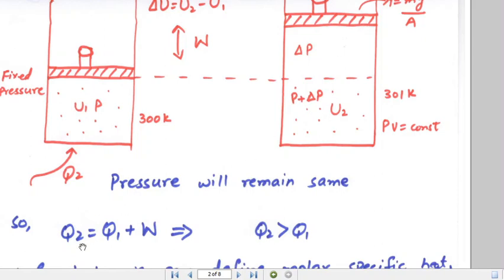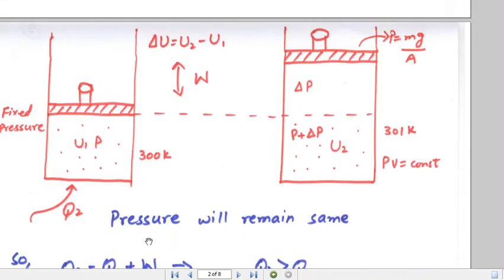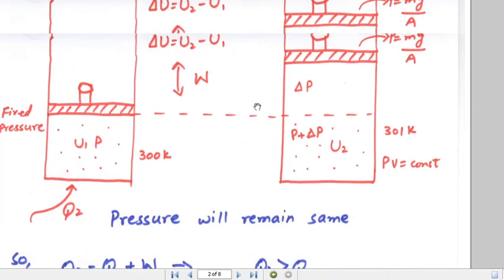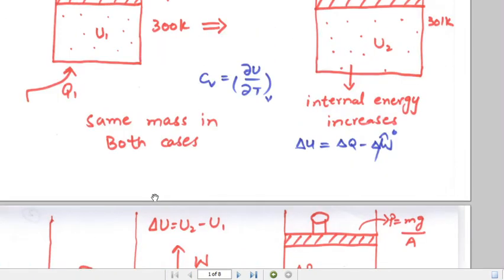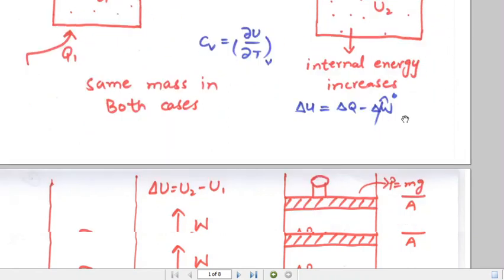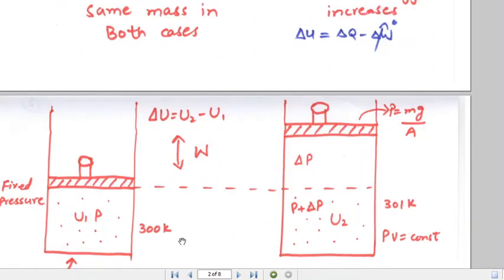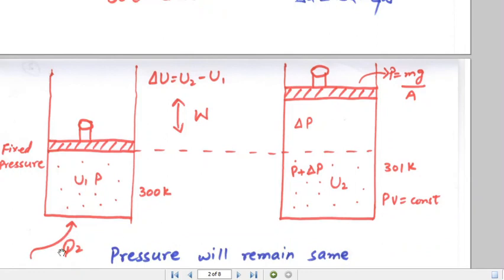So in this case, Q2 must be equal to Q1 plus W, and we should also note that, because these are the same objects, the amount of heat which is required to increase the temperature of this gas from 300 to 301 Kelvin will be different. That is, you have to supply more heat when you have to keep the pressure of the system constant.